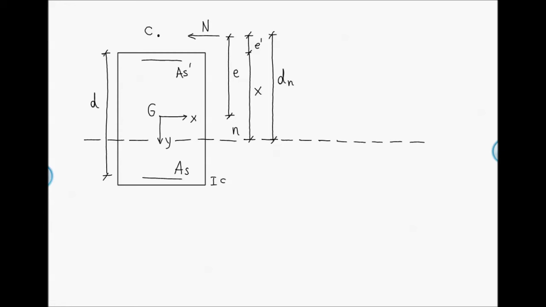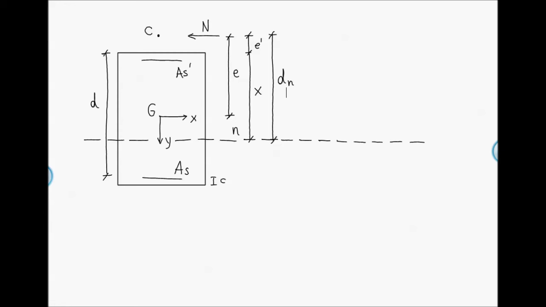We have the point of application of n, which is external with respect to the cross-section, and the point of application of n is point C, with an eccentricity e between G, the centroid of the resistant cross-section, and the point C. And we have also indicated with x the distance from the neutral axis to the extreme superior fiber of the cross-section. We can see that the neutral axis falls within the cross-section.